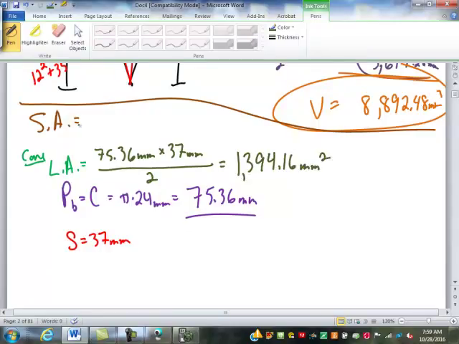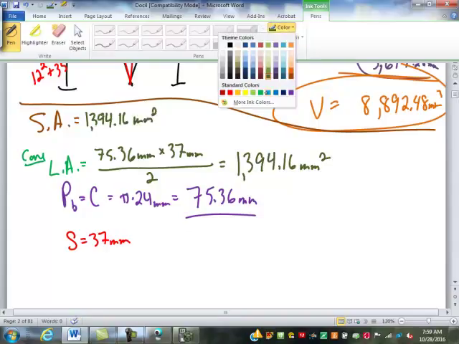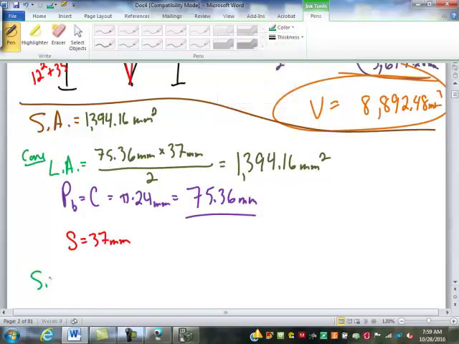So that's going to go into our surface area. Next, we have the portion from the sphere, which is 4 times pi times that radius of 12 squared, but it's a half sphere, so I'm dividing it by 2.